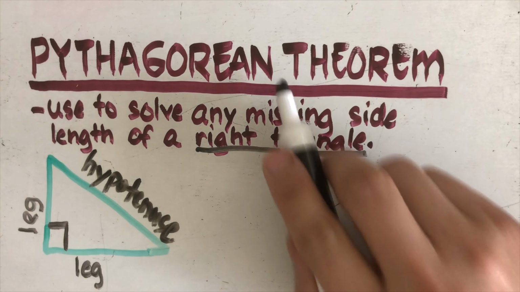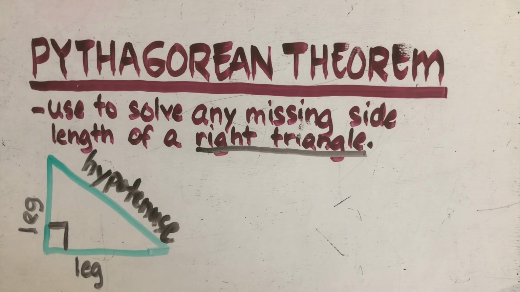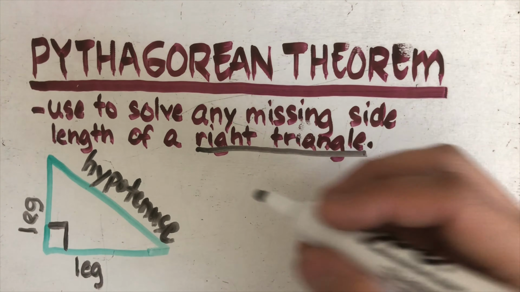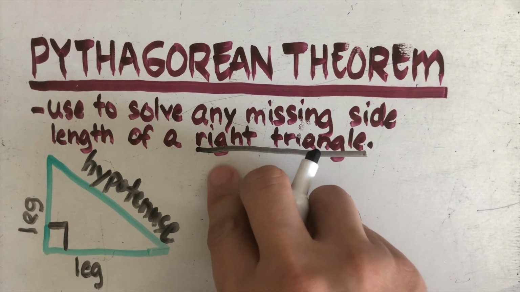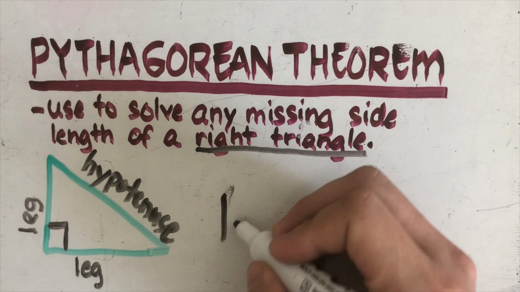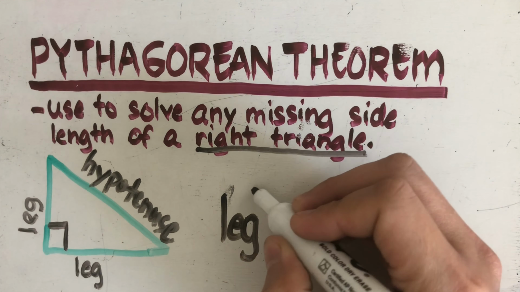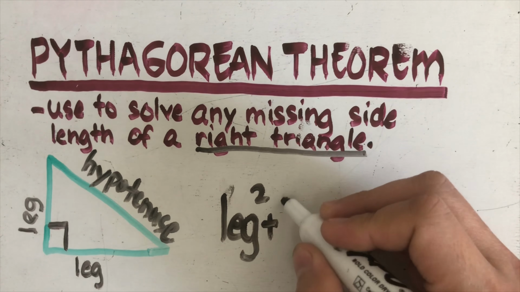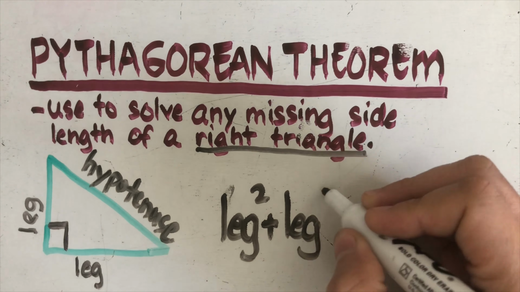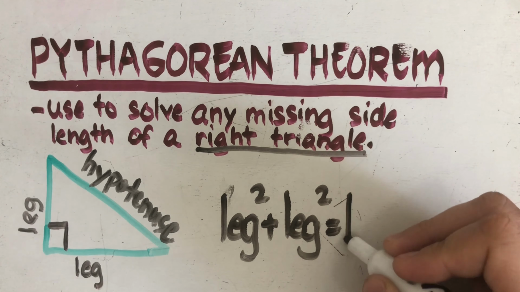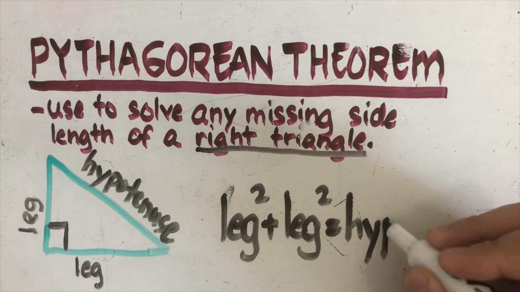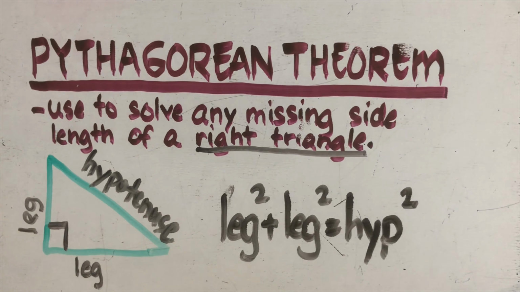Now, the Pythagorean theorem says that there is a formula that would work for these three parts. So I'm going to write it out here. Leg squared plus leg squared equals hypotenuse squared. I'll just use the symbol for hypotenuse, and this is just HYP.